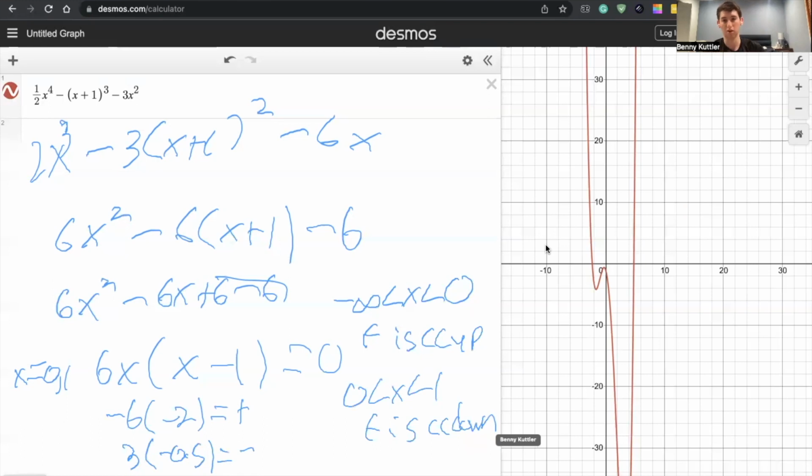It's kind of like what we did for our speeding up and slowing down in unit 4. And now we have one more interval between 1 and infinity. So if we plug in a value, let's say 2, we get 12 times 1, a positive number. So when x is greater than 1, f is concave up.